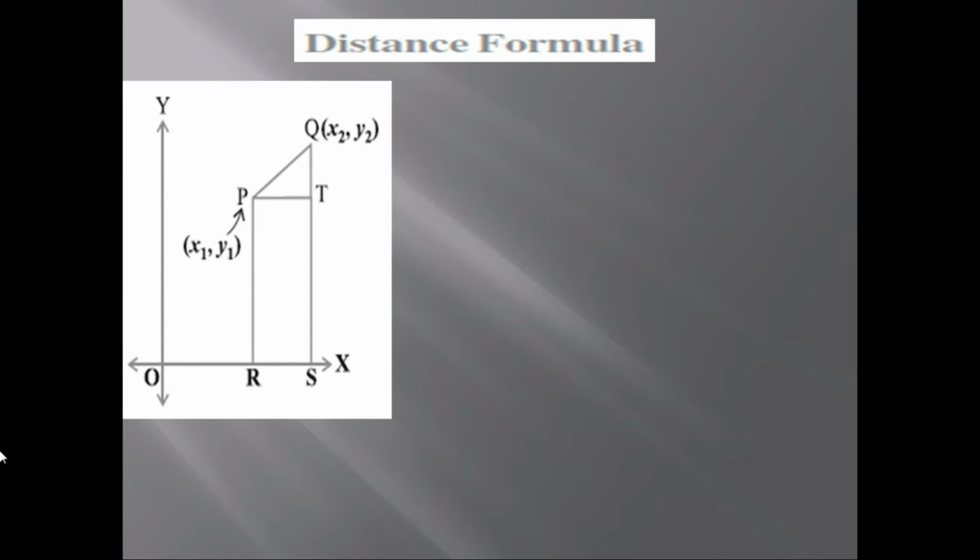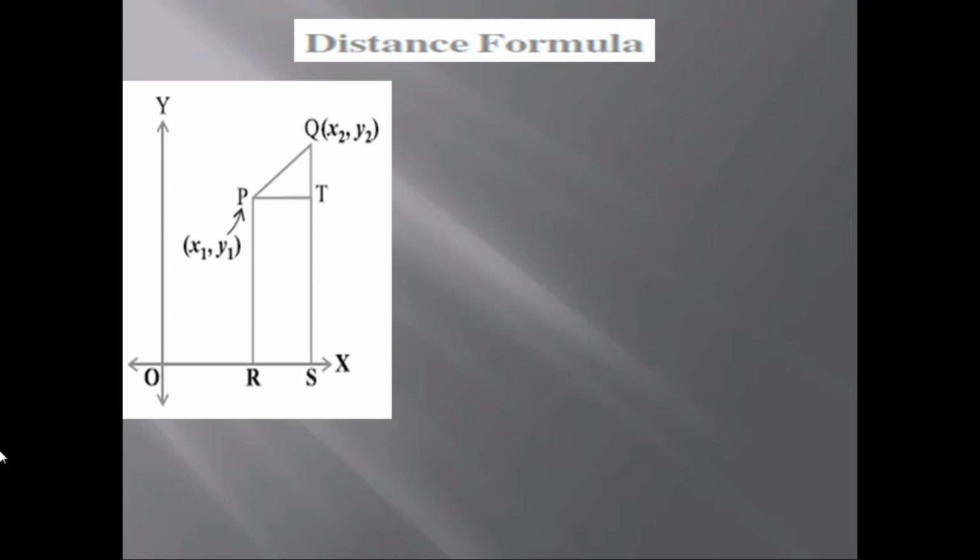This is the diagram for a distance formula. Now here 2 points are there, point P and point Q. Say P is denoted by x1 comma y1, and Q is denoted by x2 comma y2. So if you want to find the distance between PQ, it is nothing but the length of PQ.